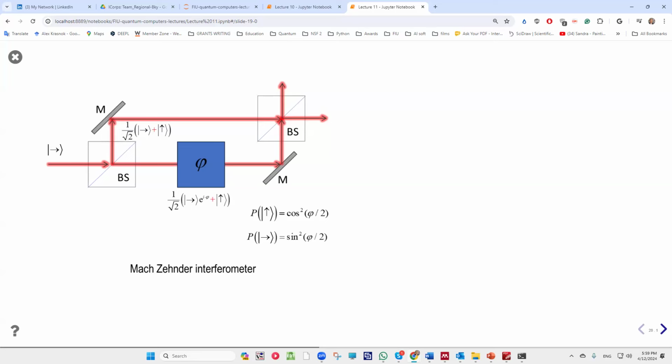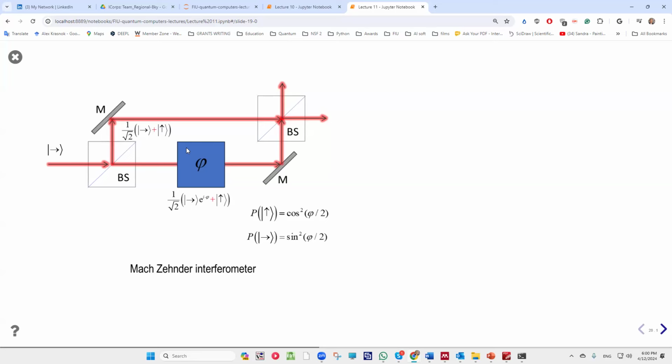It's always just one photon, but the beam splitter creates two opportunities for the same photon, and this photon can go horizontally this way, or bounce and go in the vertical direction this way. And before this mirror, the state of the single photon is given by this superposition of two.